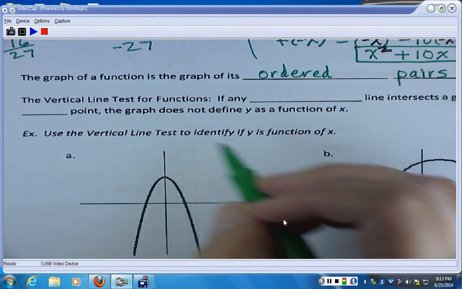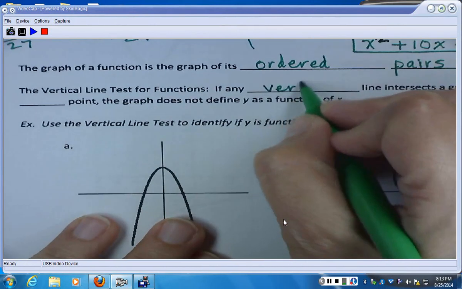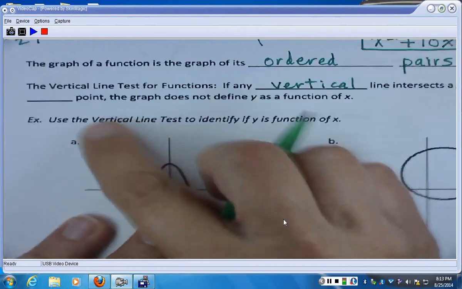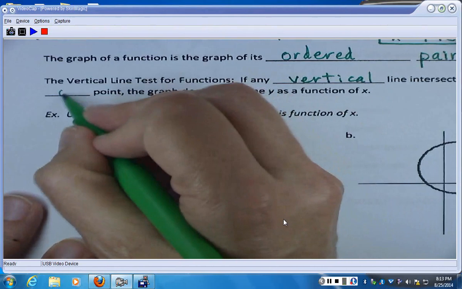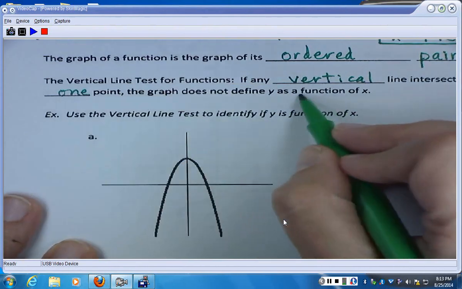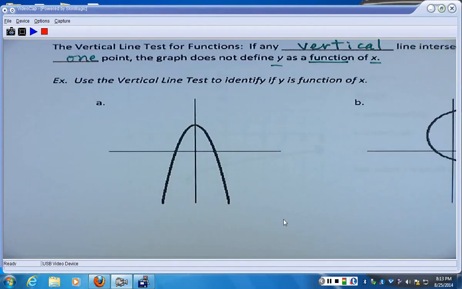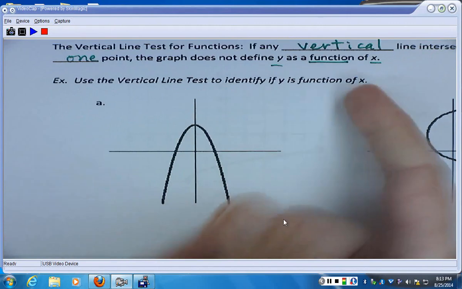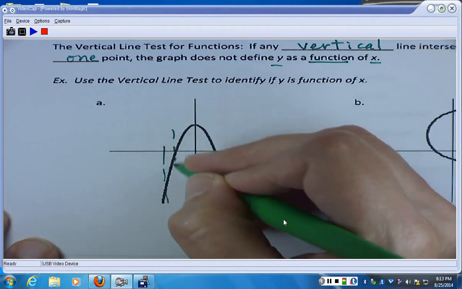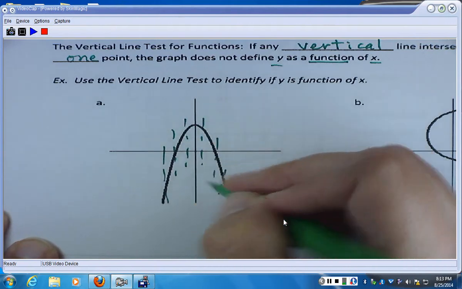The vertical line test for functions: if any vertical line intersects the graph in more than one point, the graph does not define y as a function of x. So we're going to use the vertical line test to test if y is a function of x. No matter where on here that I draw a vertical line, can I go through more than one point? No. So this is a function.